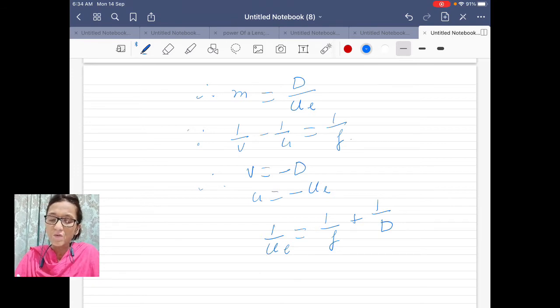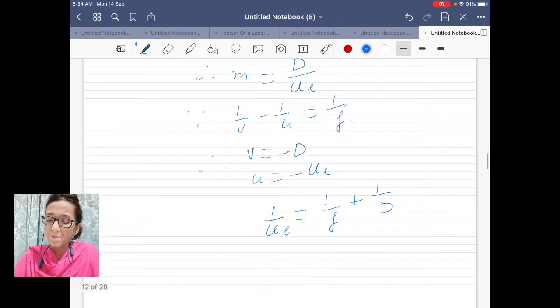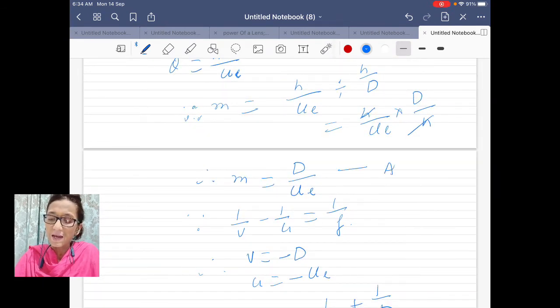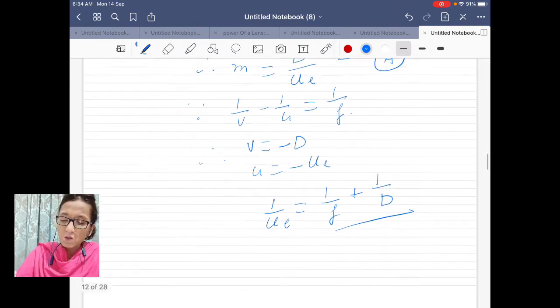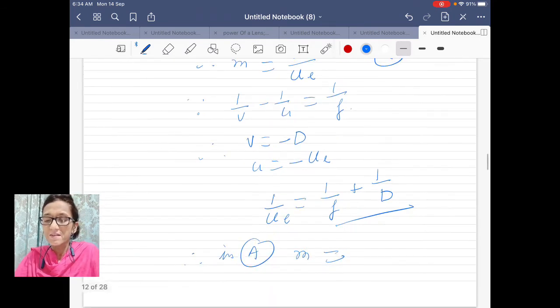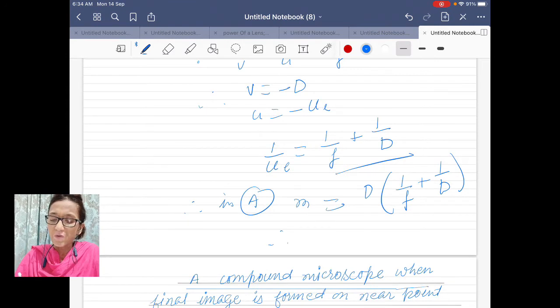Putting this value in equation number A, we find magnification. This is d into 1 by f plus 1 upon d, and therefore magnification comes equal to 1 plus d by f.